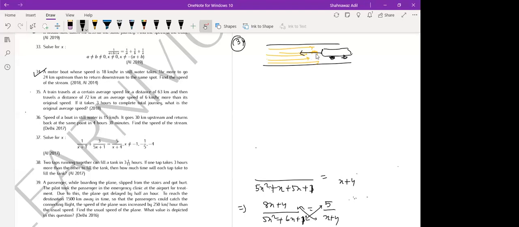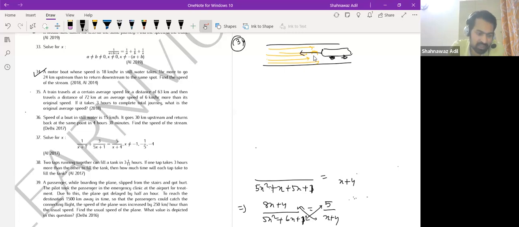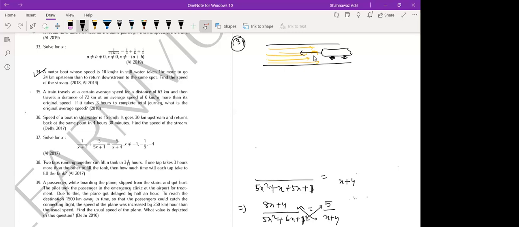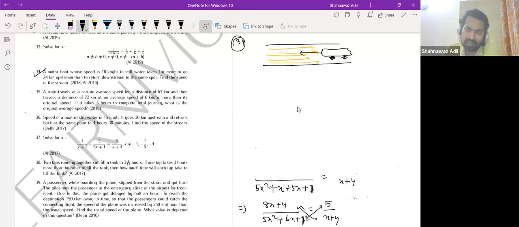Upstream, right? So will the speed be less or more? Less, right? So the speed will get reduced.